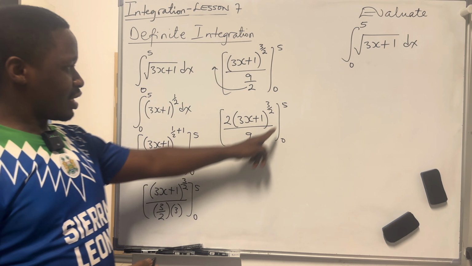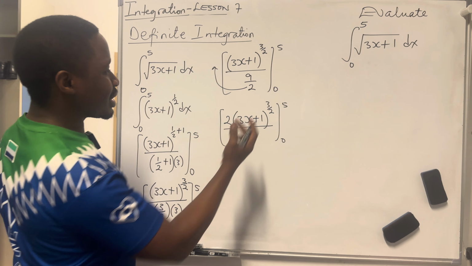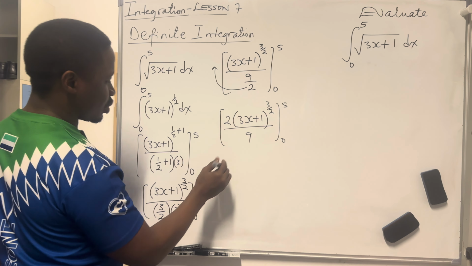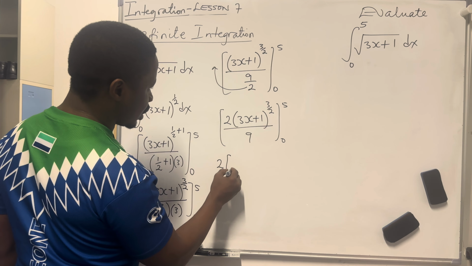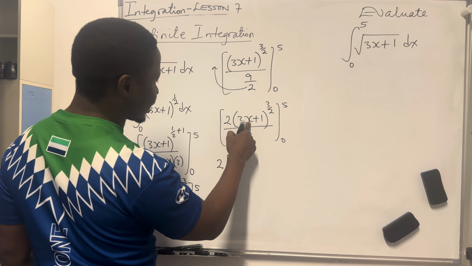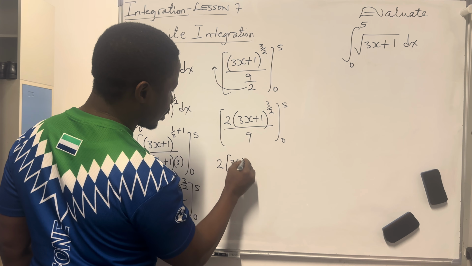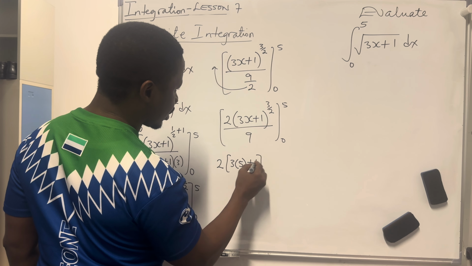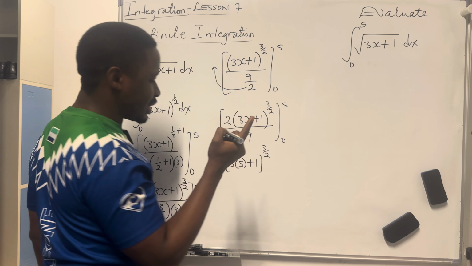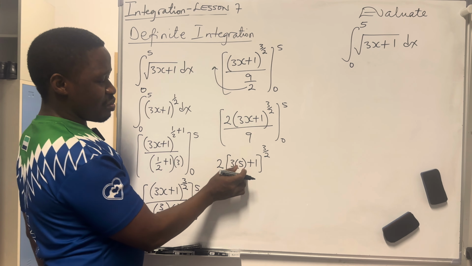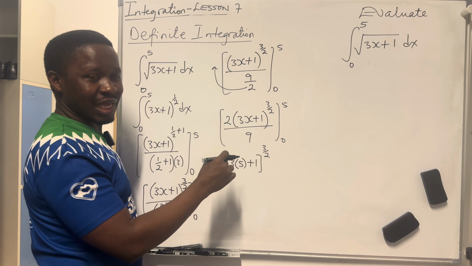So what is next? We substitute the limits, but we start with the upper limit. So we say 2 into 3 times x, x is 5, plus 1, to the power 3 upon 2. If you observe, the parentheses change, then we have a bracket outside.